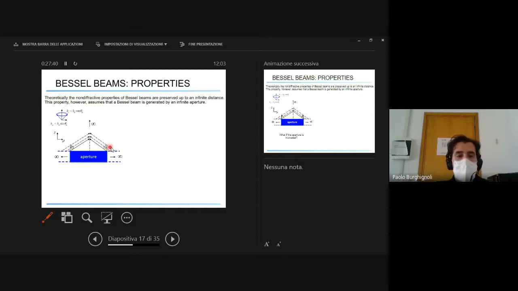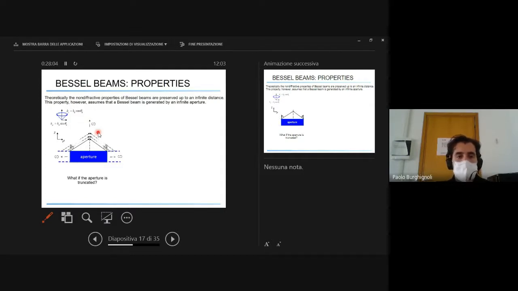If we have these rays coming from an infinite aperture distribution, it is easy to understand that these rays will have constructive interference along the z-axis up to infinity, because over an infinite distance, you will always have a ray that impinges on this z-axis.